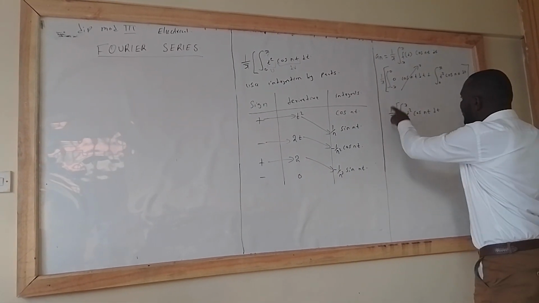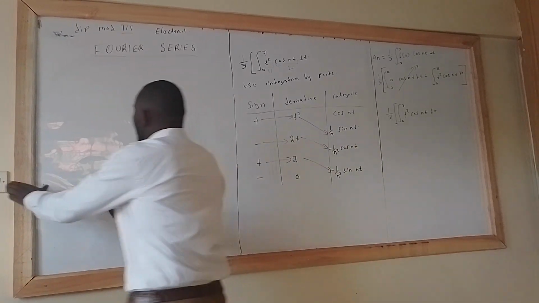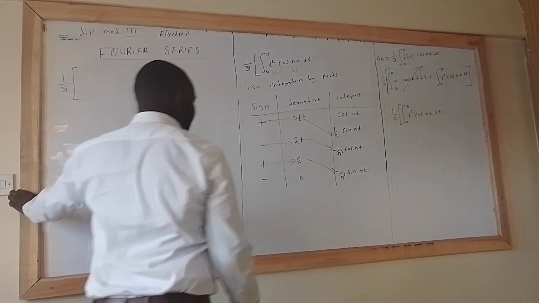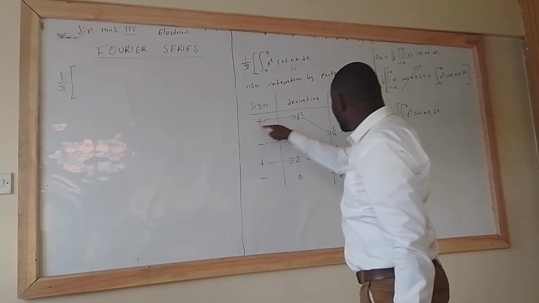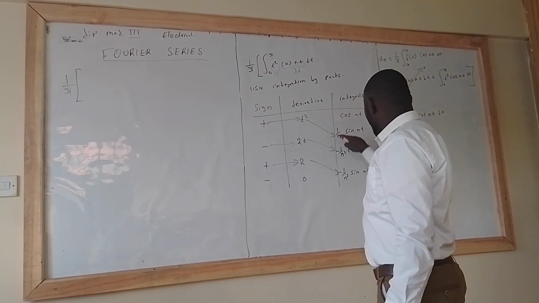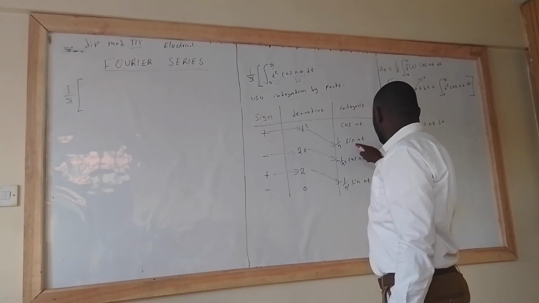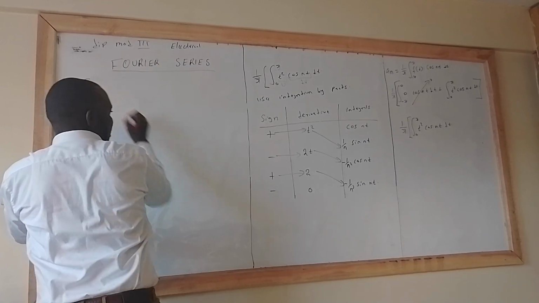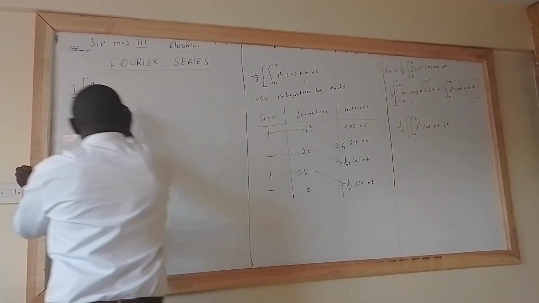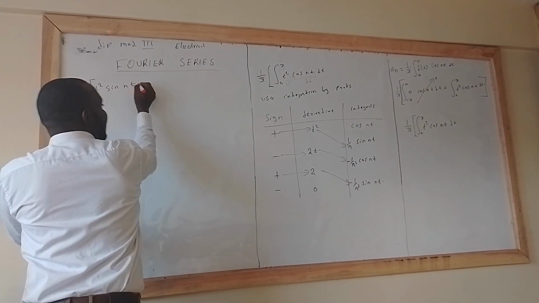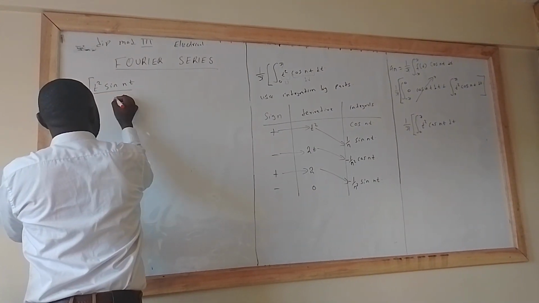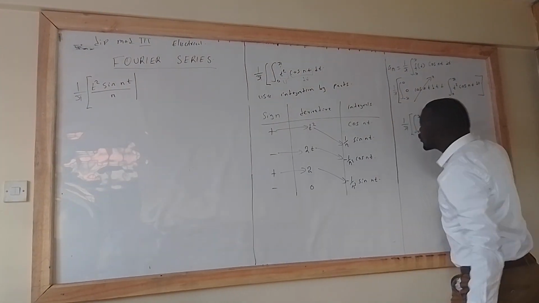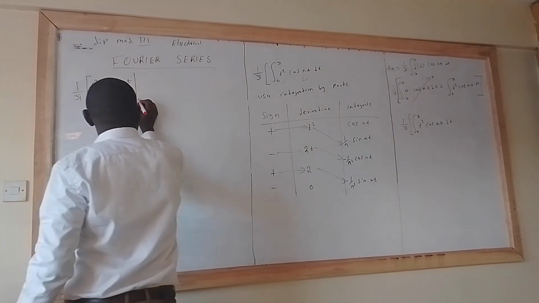Now I'll have 1 over pi, open the bigger bracket, plus a positive t squared multiplied by 1 over n sine nt. So I'm going to have t squared sine nt divided by n, in the range of 0 to pi.